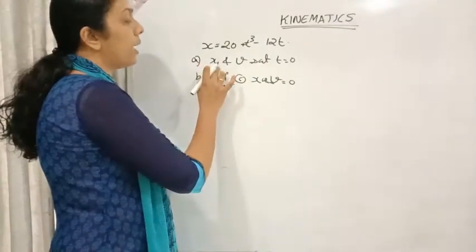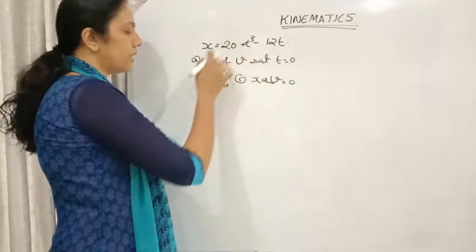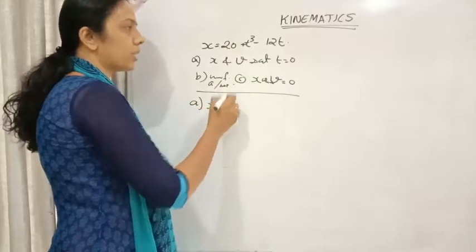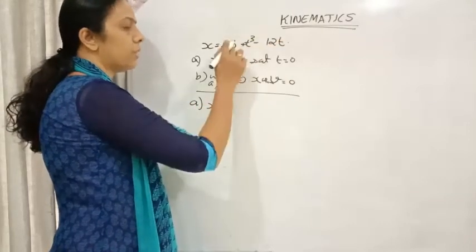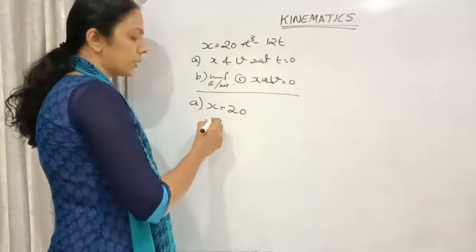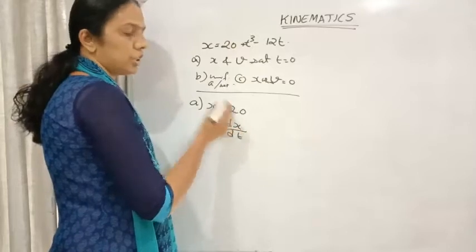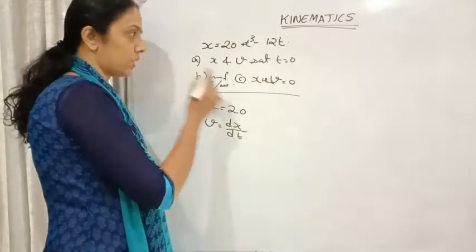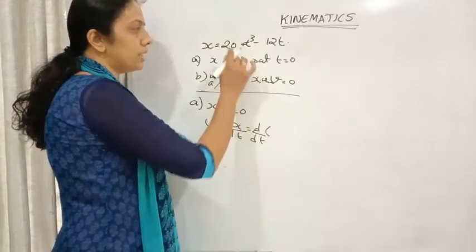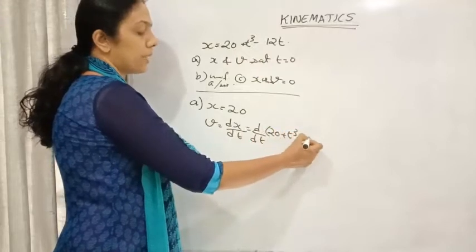First one, position and velocity when t equals 0. You can easily find the position of the particle: substitute t as 0, then x is 20. How do we find the velocity? We differentiate the position. So d by dt of 20 plus t cube minus 12t.